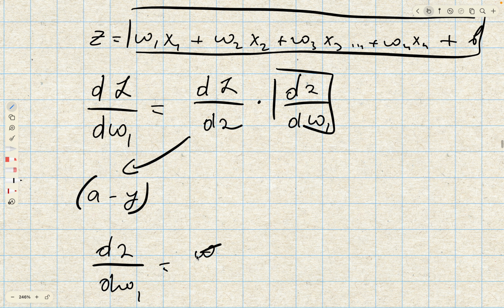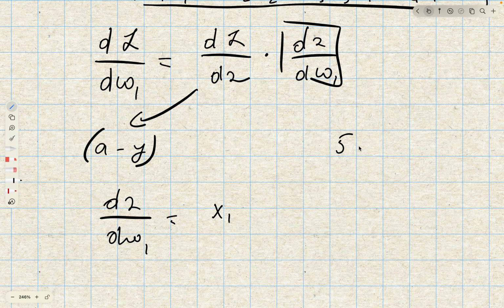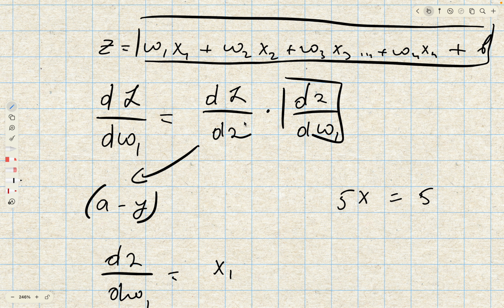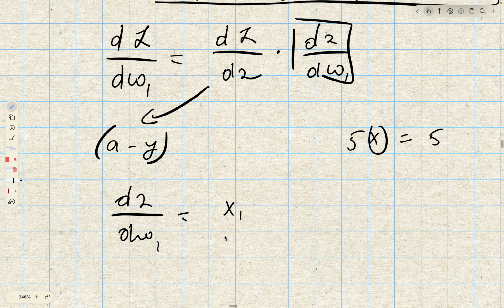The derivative of the sum is the sum of the individual derivatives, and all the other terms are 0, so we are only left with the derivative of V1 X1, which is simply X1. As you can remember, the derivative of 5x is 5. In this case the x is V1 and the 5 is X1, because we said in the beginning that we will treat any other parameter as constant. So that's why we were left with X1.